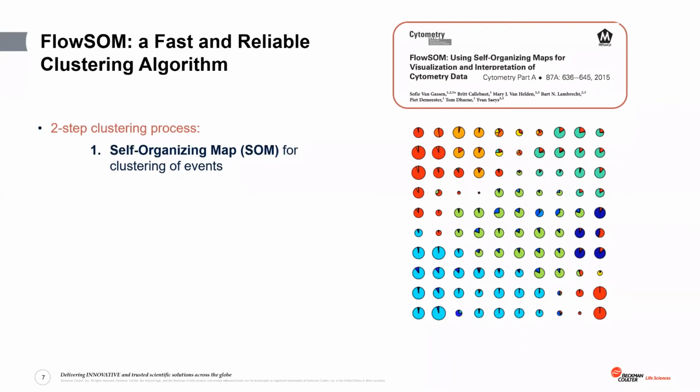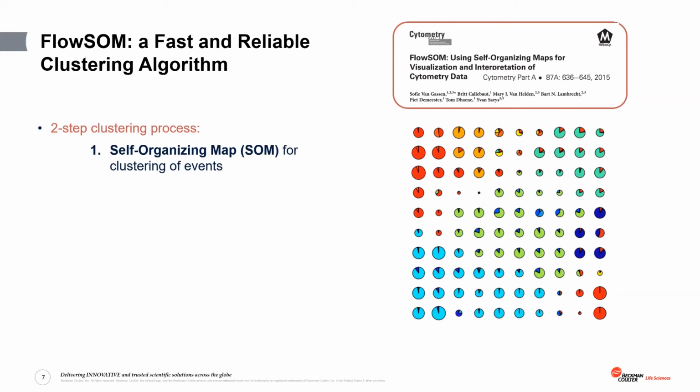According to a paper published in December last year, I think, they report that PhenoGraph and Xshift will outperform FlowSOM when detecting rare cell populations.